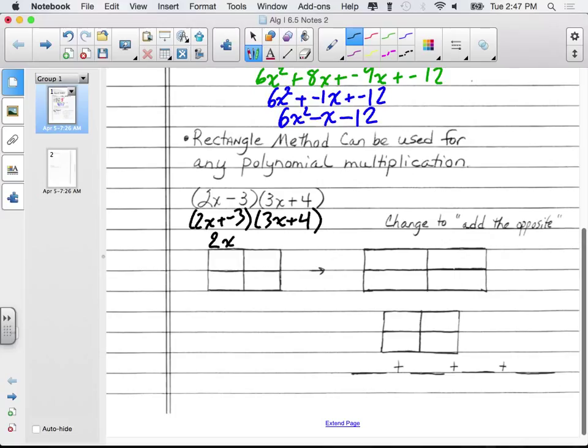And then -3 goes over the second column. So now we have to deal with our second one, so that'll go on the left side of it. So our first term, 3x, goes with our first row. And then the +4 goes with our second row.